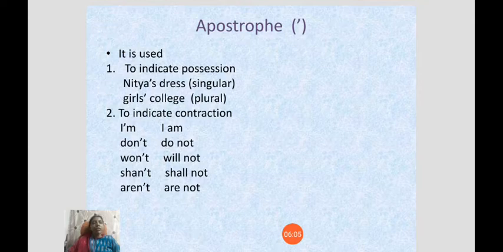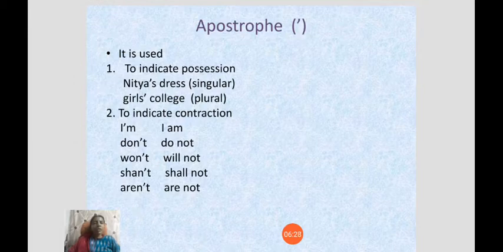So again, apostrophe is used for word contractions. Instead of writing I am, we use I'm, with an apostrophe. It is a short form, a contracted version of I am. Similarly, do not.